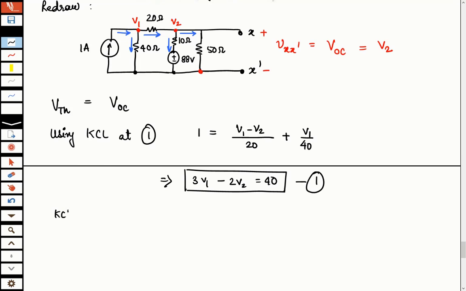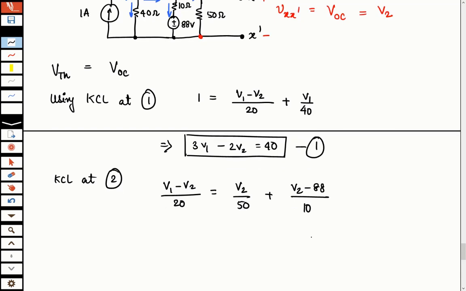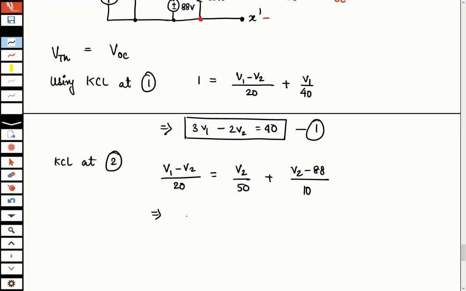Using KCL at node number 2, incoming currents equal to outgoing currents. So incoming current was what? This one. So V1 minus V2 upon 20 is equal to outgoing current V2 upon 50 plus V2 minus 88 upon 10. Right? Solve it a little bit more.